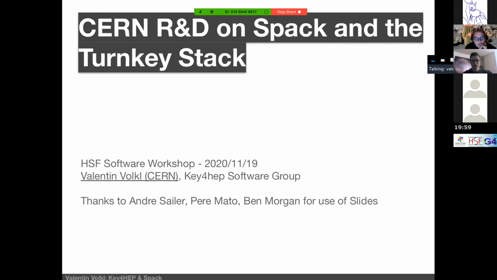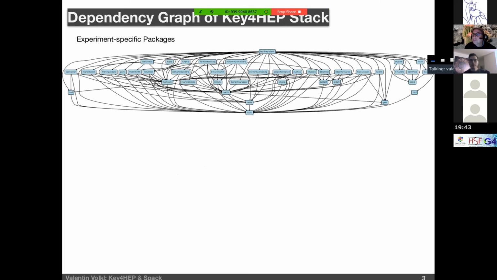Maybe first up, I want to start with an informal remark. Why do we even have to talk about these kinds of build tools here? It boils down to basically two problems. The first is that we have a lot of software.